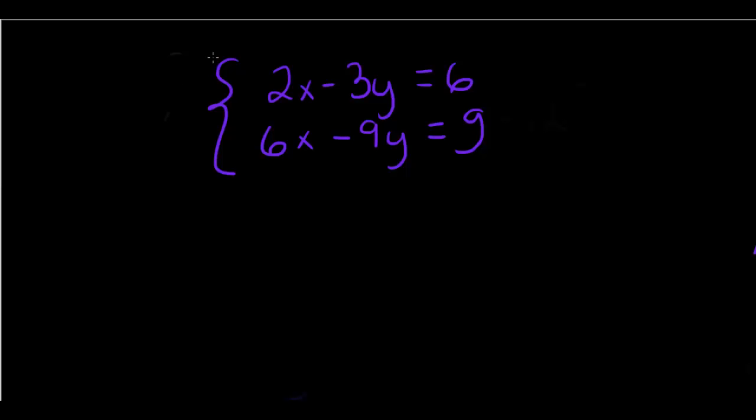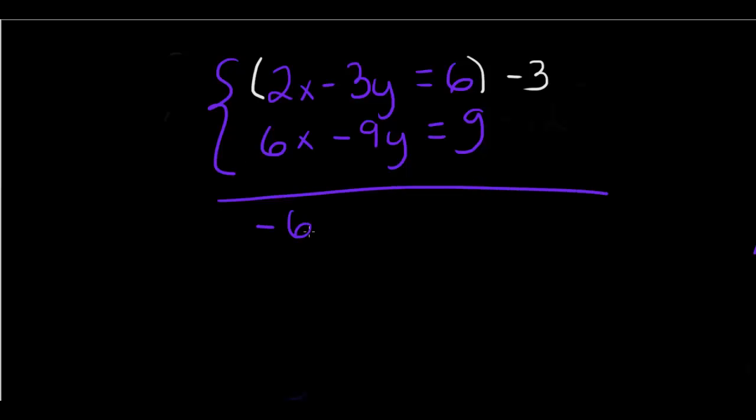Let me use another color. So that means that we're going to have negative 6x plus 9y equals negative 18. And then the second equation stays the same way: 6x minus 9y equals 9.